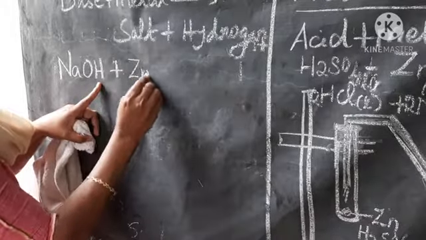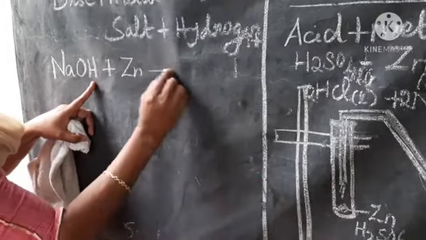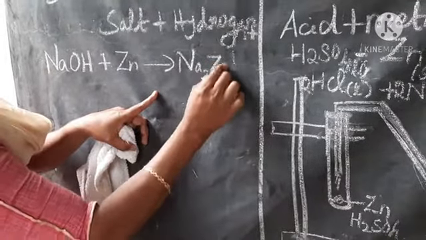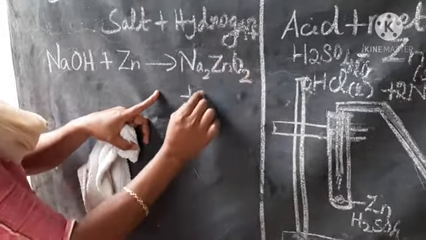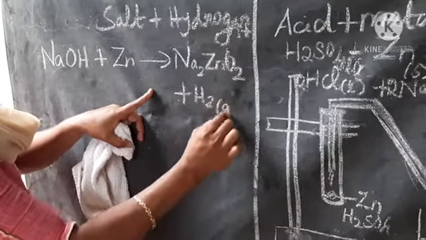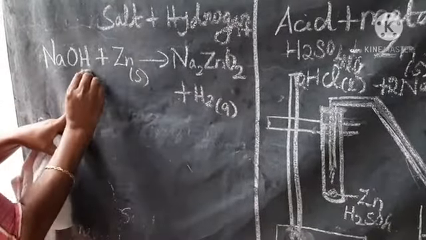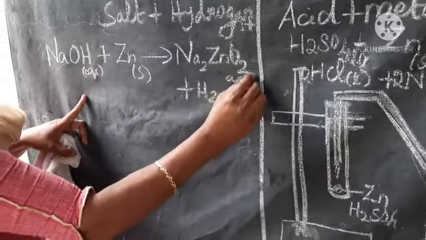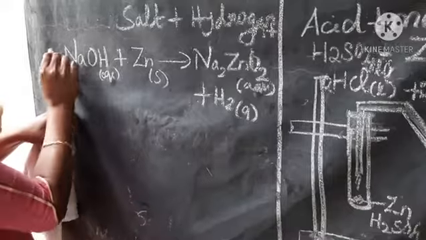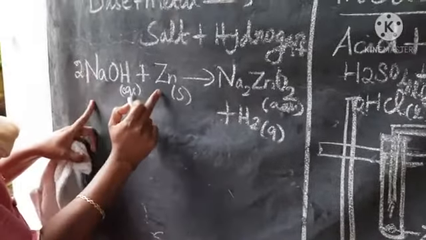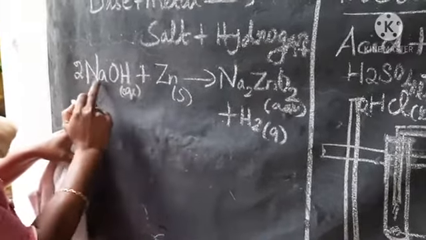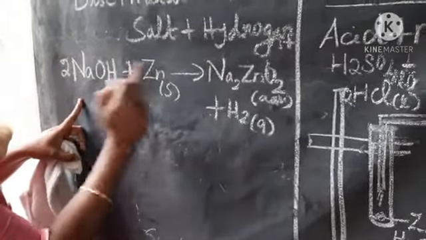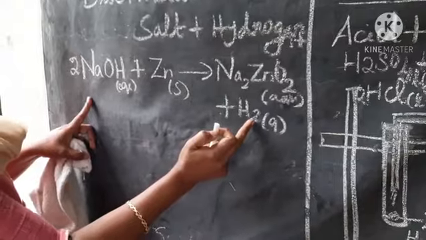Zinc we are dropping, the same experiment. Here it forms sodium zincate plus hydrogen gas. This is gas, this is solid form, and this is aqueous and it is also a salt in aqueous form. You have to balance it. You put 2 here to balance. So 2 Na, zinc 1, oxygen 2, hydrogen.